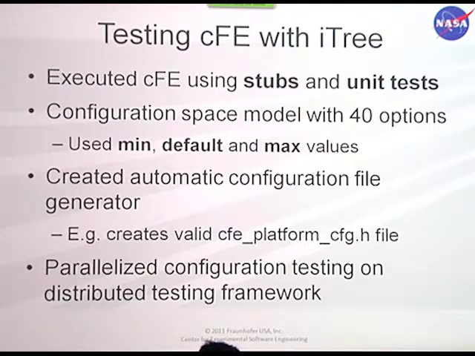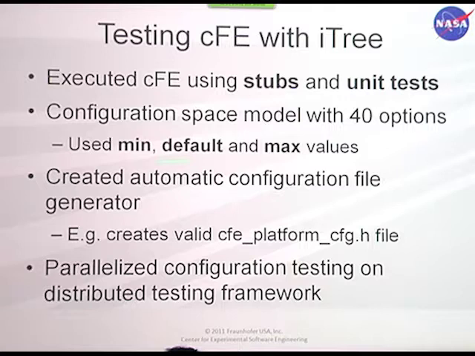We defined a configuration space using about 40 configuration options from the platform config header files here. For the option settings, we picked the minimum, the default, and the max values for each option. So these are all valid values for the configuration options.